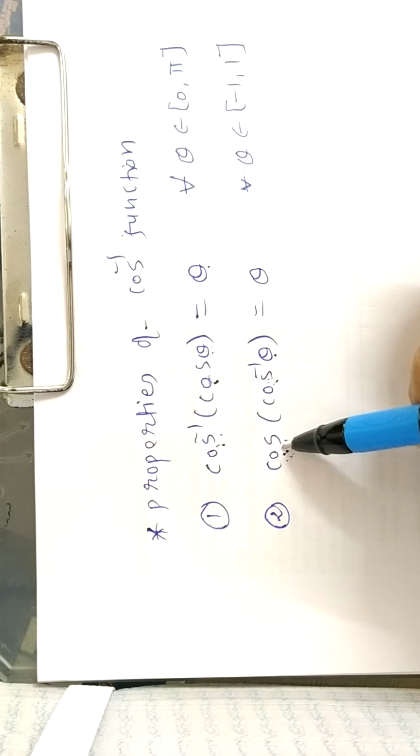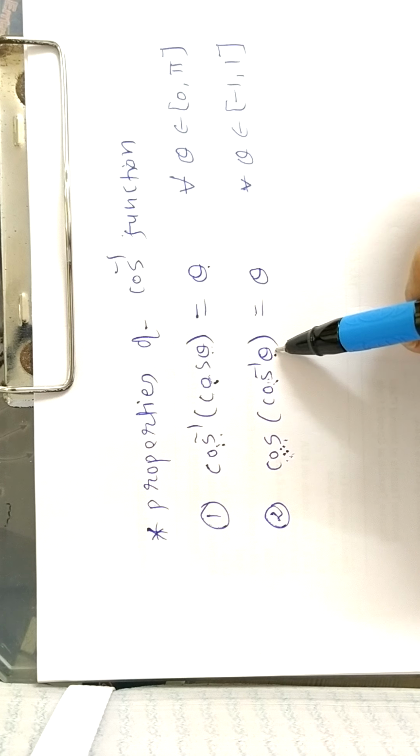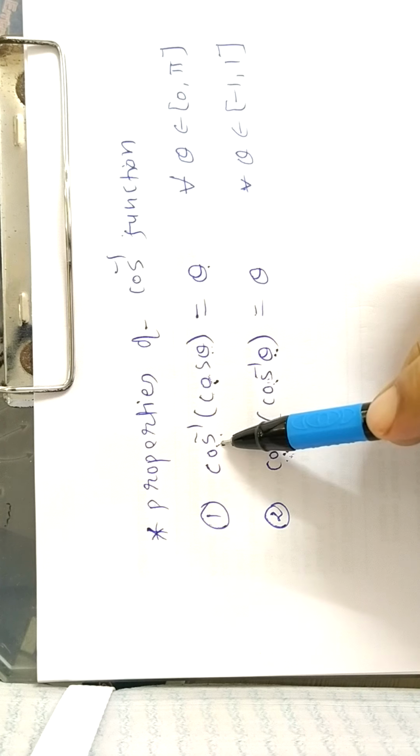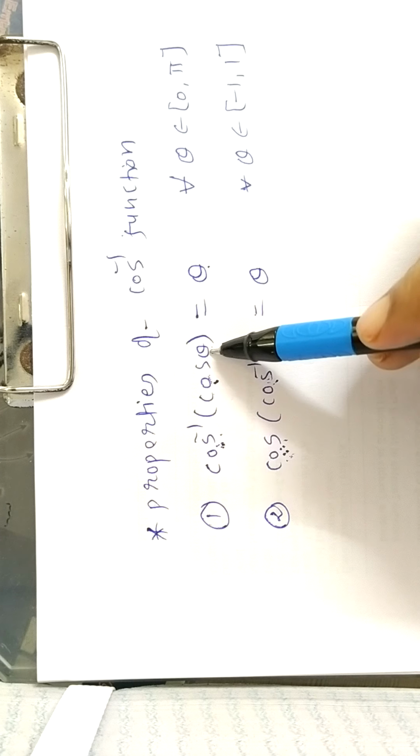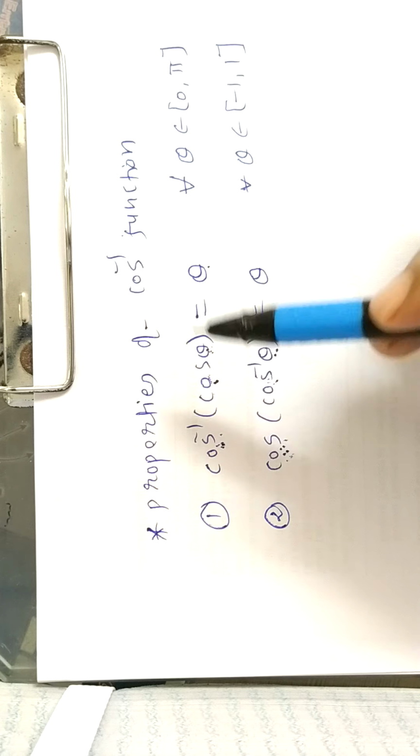Here outer function is cos, the range of cos function is -1 to +1, that is why we are checking that theta belongs to -1 to +1 or not. In first illustration, the outer function is cos inverse and the range of cos inverse is 0 to pi. So we are checking this theta belongs to 0 to pi or not.